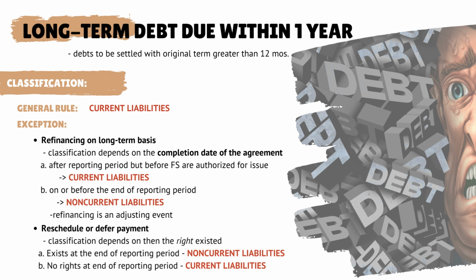So, second, if nahitabo, if na-complete inyong agreement, ara ka na right to refinance on a long-term basis on or before the end of reporting period, then that should be classified as non-current liabilities. So the refinancing here is already an adjusting event.